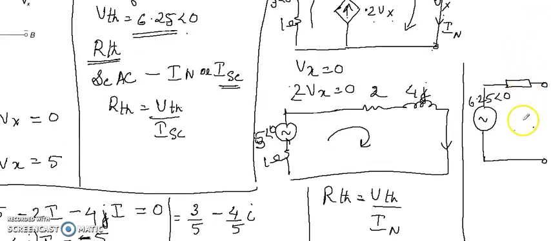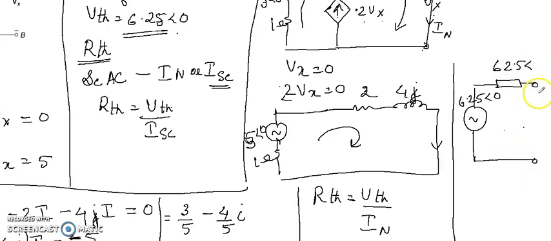RTH is equal to 6.25 angle 53.13. That is the Thevenin's equivalent circuit of the network.